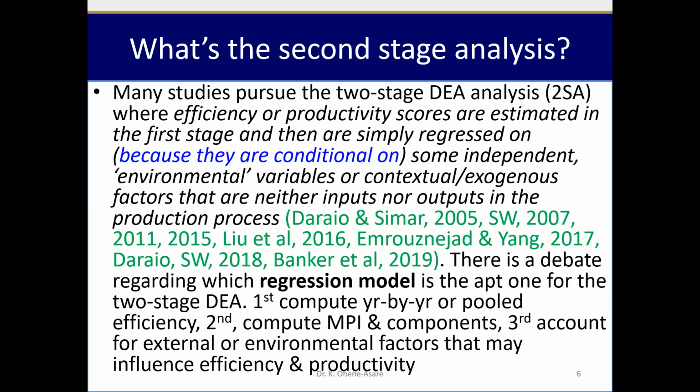You can have firm A in year 1 and firm A in year 10. They are all being measured relative to a common pooled frontier. That is a pooled efficiency. So the score you will get is known as a pooled efficiency. It depends on which one you go.